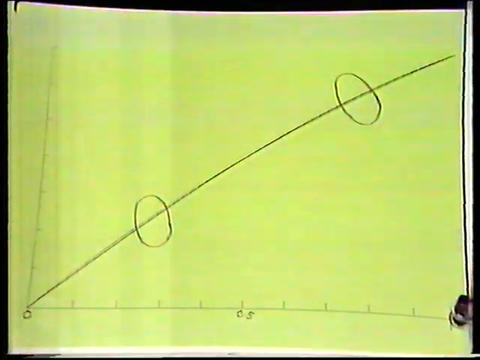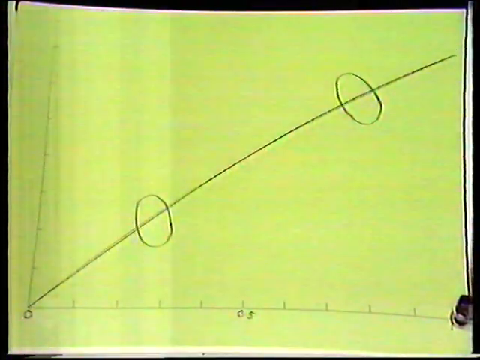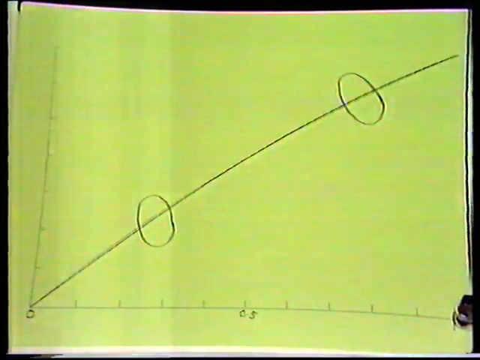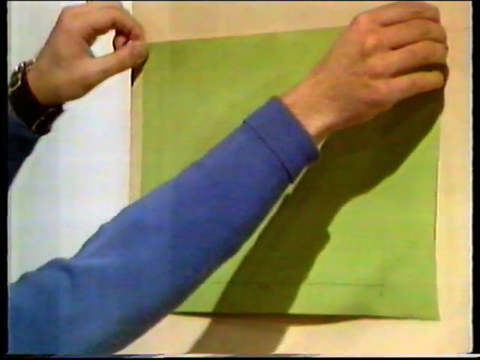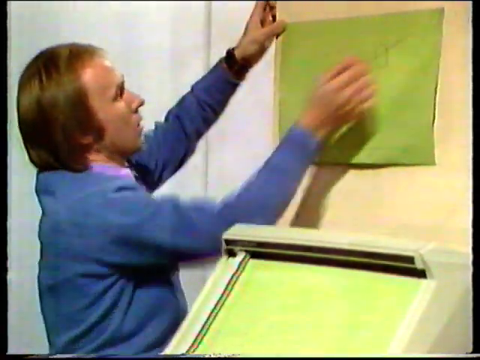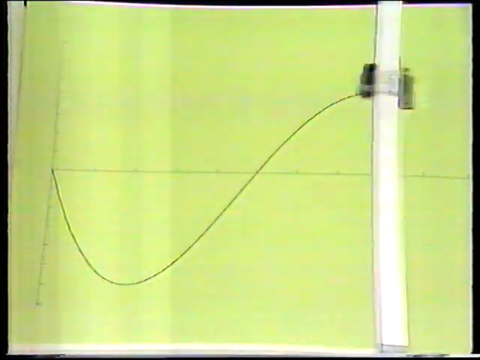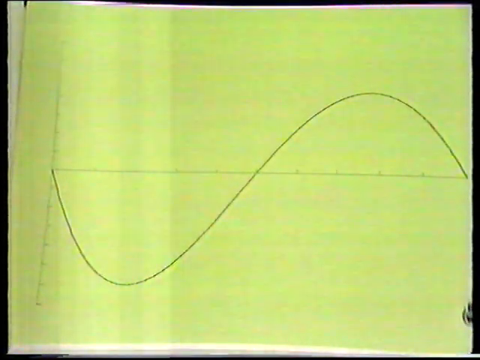Well, to get a better idea of what this error looks like, let's plot it out. Well, that's the approximation. Now let's have a look at what that error really looks like. Well, the error here has been magnified 100 times so that we can see what's going on.